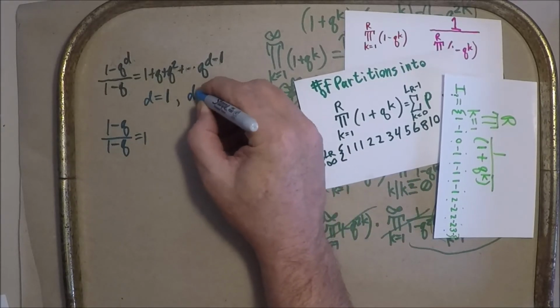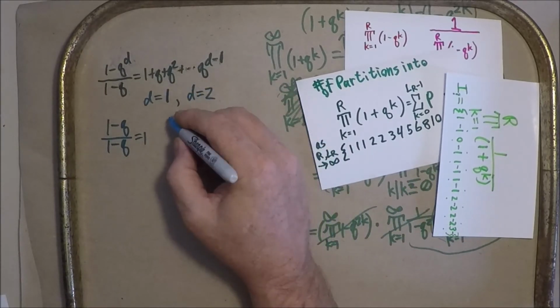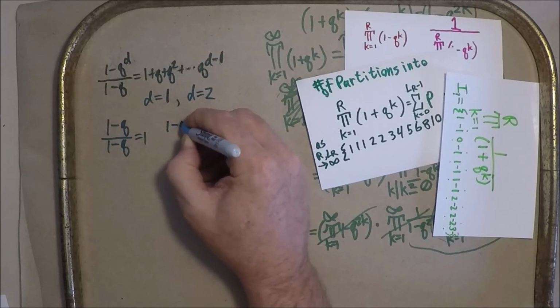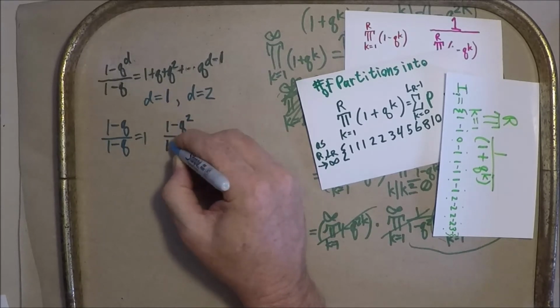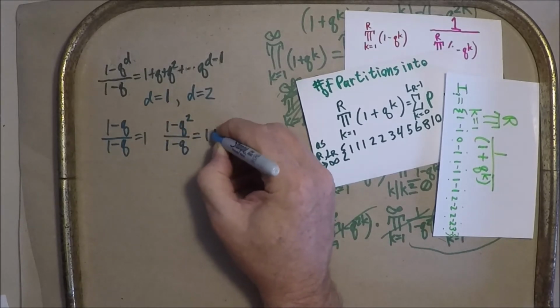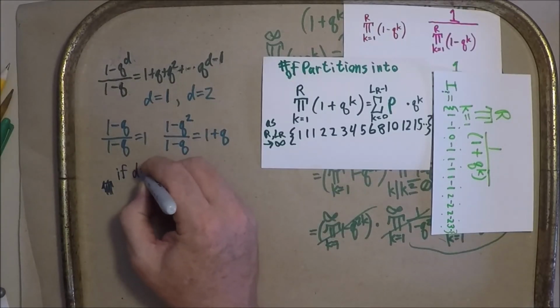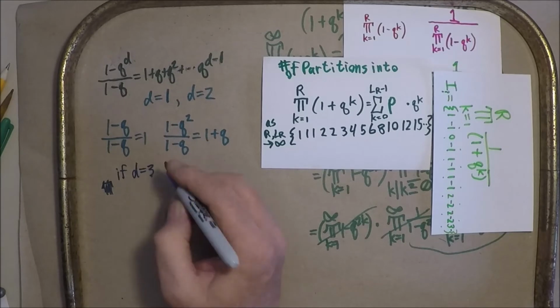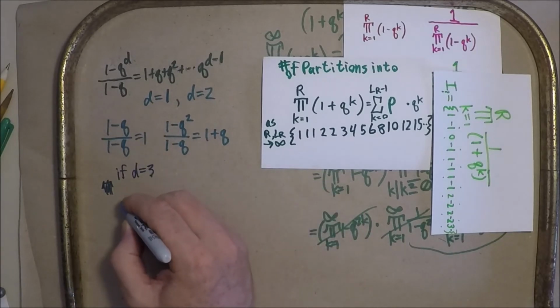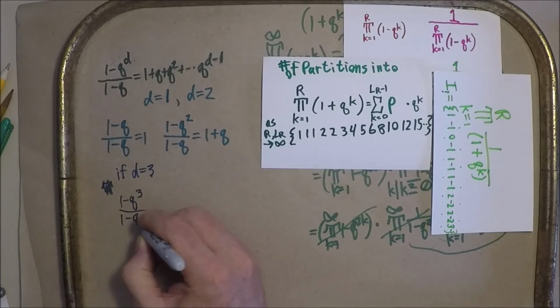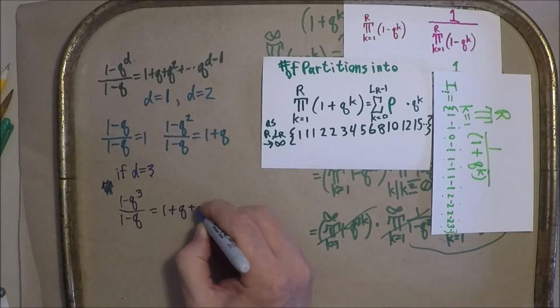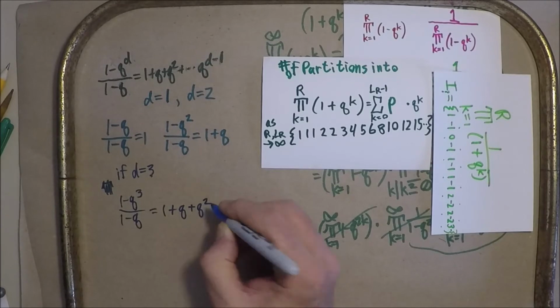So if we had d equals 2, we have 1 minus q squared over 1 minus q, which is of course our 1 plus q. If d were to equal 3, then we'd have 1 minus q to the 3 over 1 minus q equals 1 plus q plus q squared.